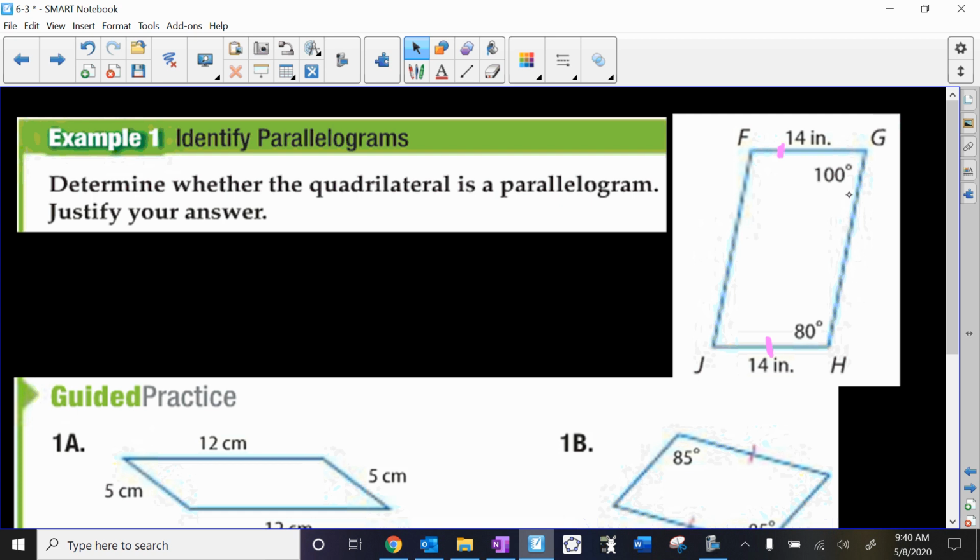Therefore, I need to use the angle measures of 180. And since they add up to 180 degrees, we know they're consecutive interiors, which makes this side parallel to this side. Therefore, we do know, yes, it's a parallelogram.